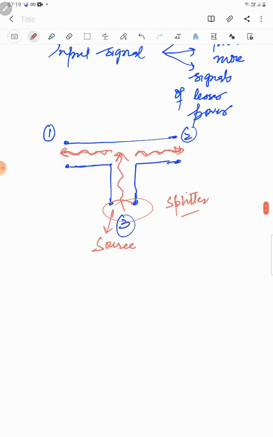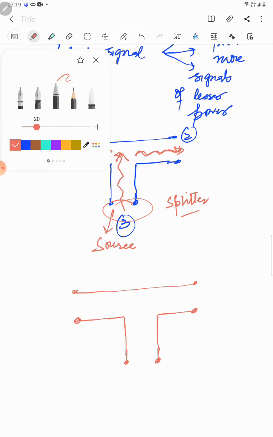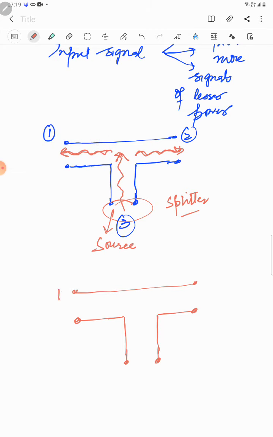The other case is that we can even combine signals using a waveguide junction. For example, if I use the same 3-port junction, by the way, this 3-port junction resembles the English letter T. It is also called a T junction. Now in power combining, say this is our port number 1, this is our port number 2, and this is our port number 3.